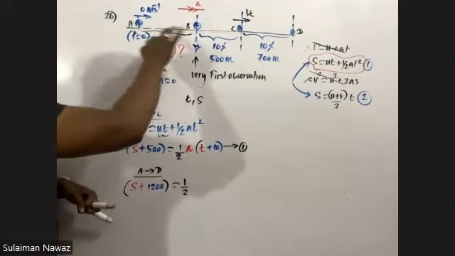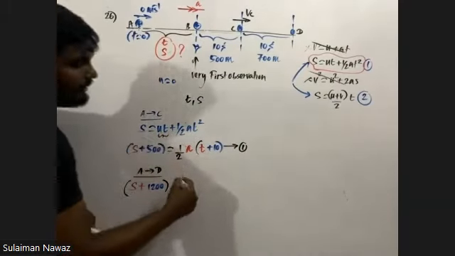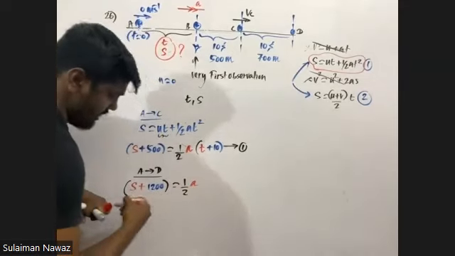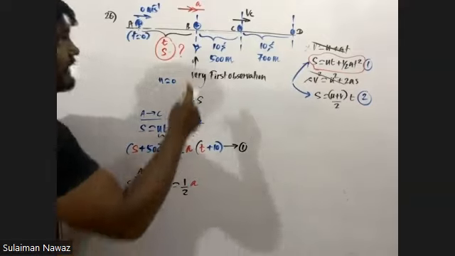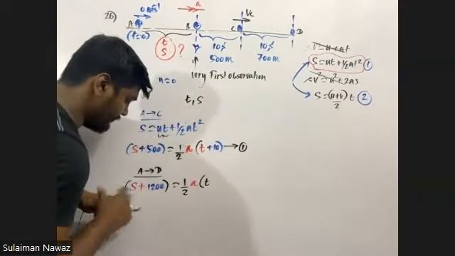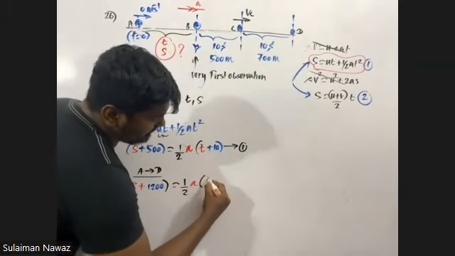U is 0, so ut is 0. Half. Acceleration also I don't know. Time means t plus 20.